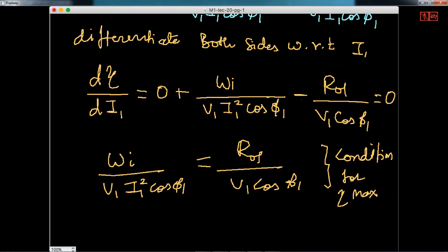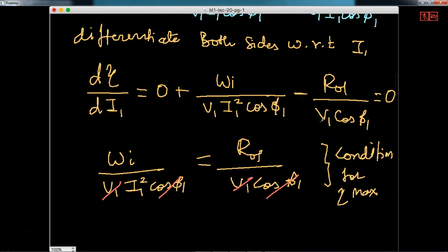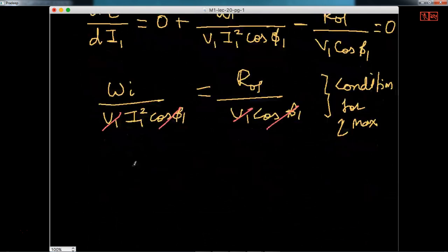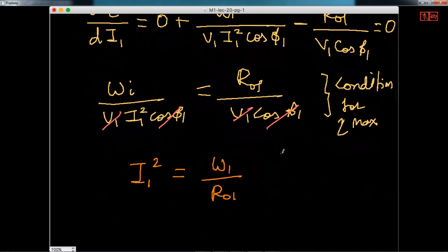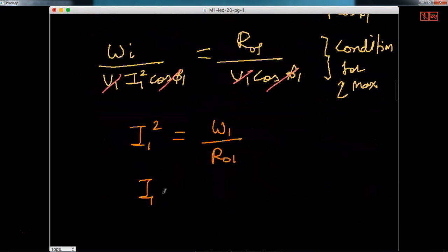In this condition, you can see I can cancel off V1 on both sides, and I can cancel off cos phi 1 on both sides. So what is remaining is I1 square equal to Wi by R naught 1, and this implies I1 equal to square root of Wi by R naught 1.